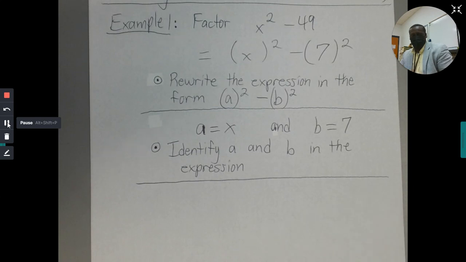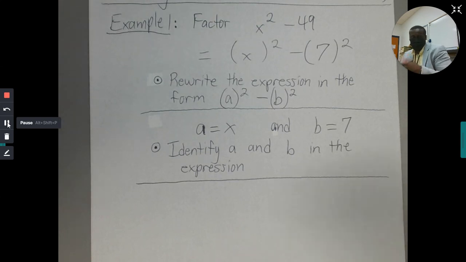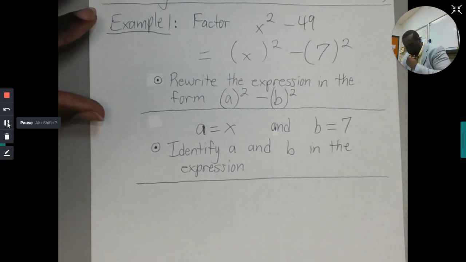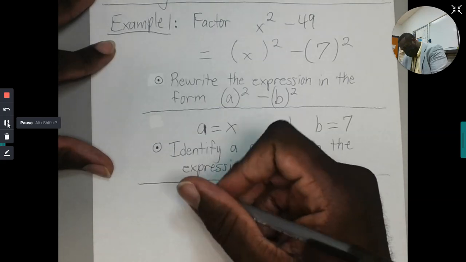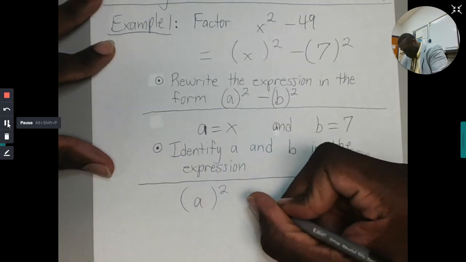Now that we've identified what a and b are in this expression, we need to write the expression as the two factors. Remember, in the last video, I explained the formula for factoring a difference of squares.